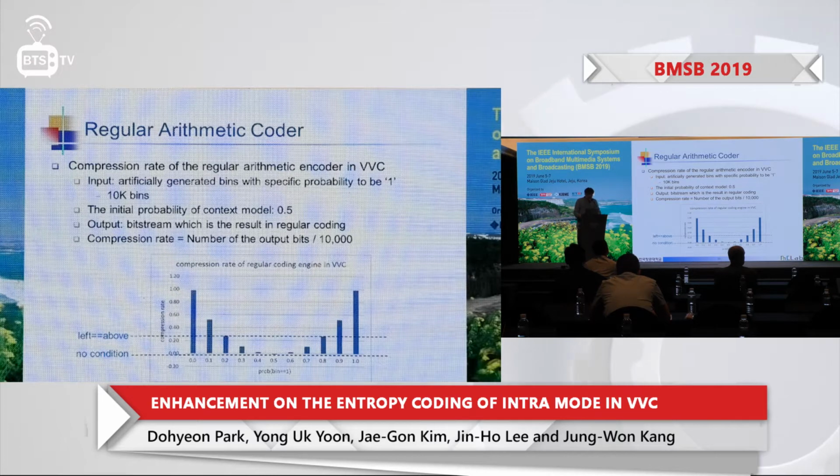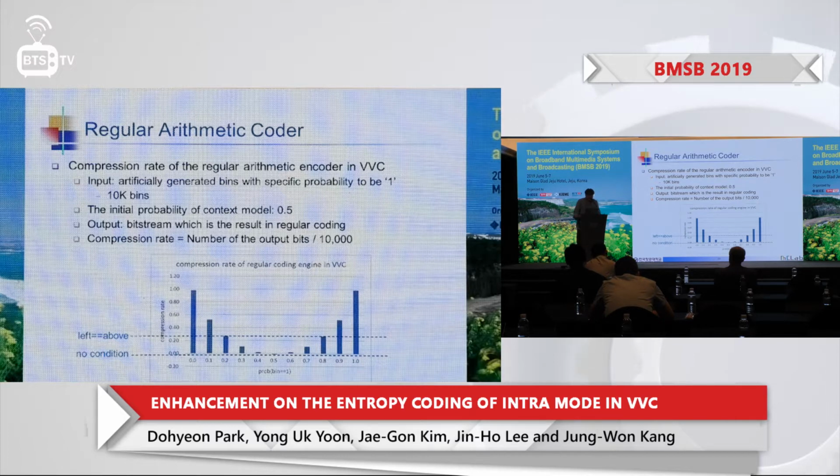The graph shows the compression rate of the regular arithmetic coding engine in VVC. The input of the regular coding engine is randomly generated bins with a specific probability. The number of generated bins is 10 kilo bins for each probability.